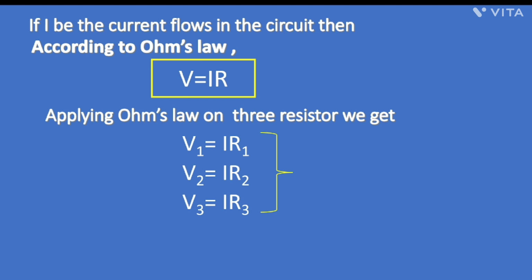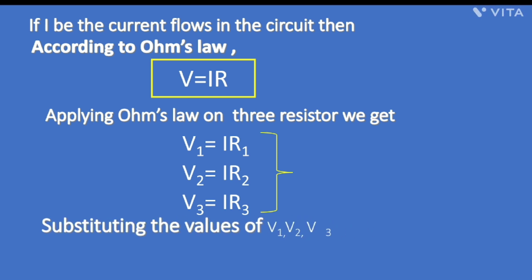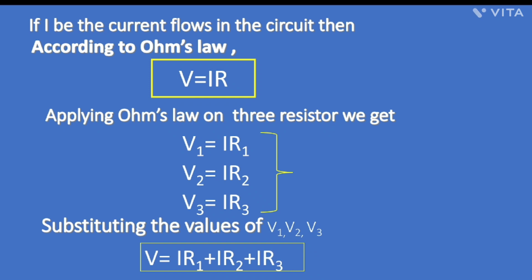If we substitute these values in equation 1, that is V equals V1 plus V2 plus V3, then we get V equals IR1 plus IR2 plus IR3.